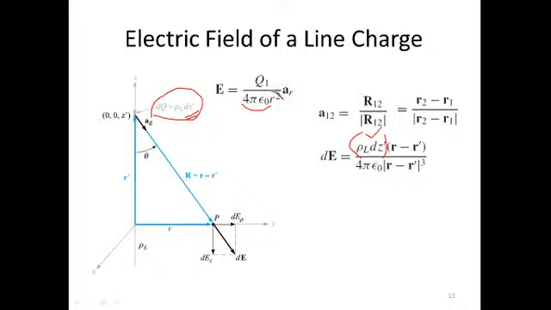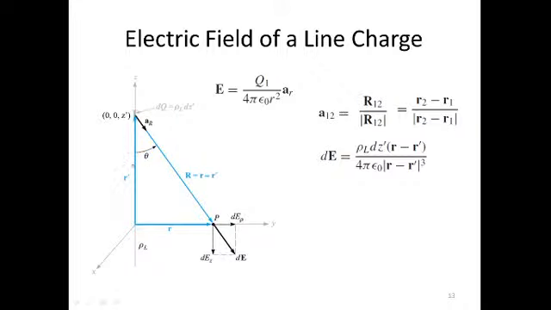Now the square of the distance of separation. Here it is the distance of separation from this location to this location. We represent it as r minus r dash, where r is a vector directed from the origin to the field point, here horizontally located.